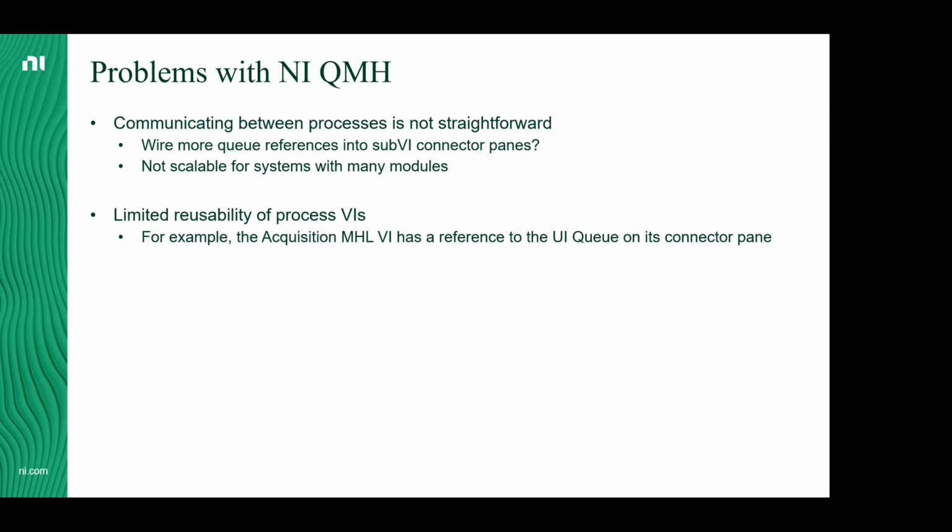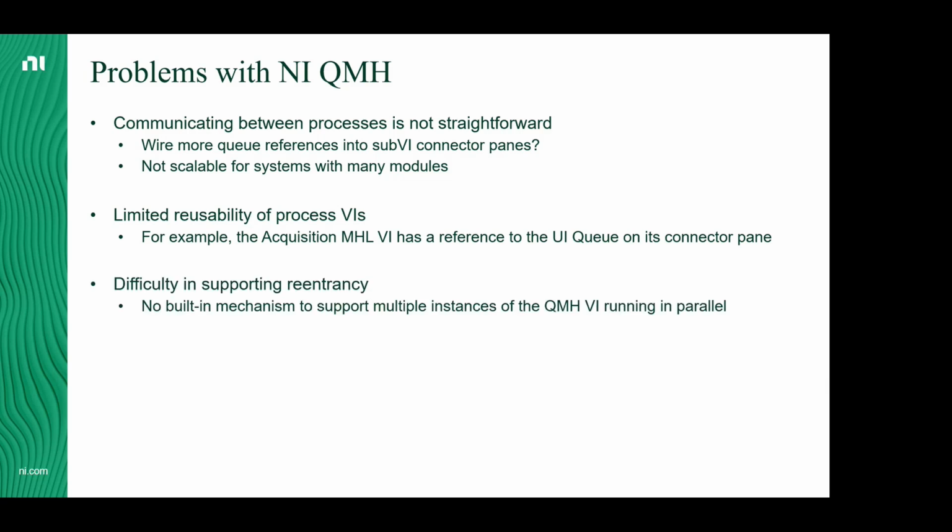For example, if I want to write a new application and I want to use the acquisition message handler from this code that I just showed, but my new code isn't going to have a logging queue, well, this acquisition VI has a logging queue reference on its connector pane, which doesn't make sense for this new app. So now I'm going to have to hack away and get this code into a state where I can use it with my new app. And now I've got two copies of the code that are a little different from one to the other. Reusability is very difficult with the NIQMH for those reasons.